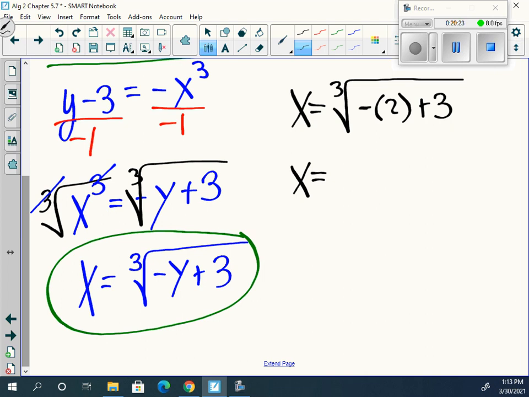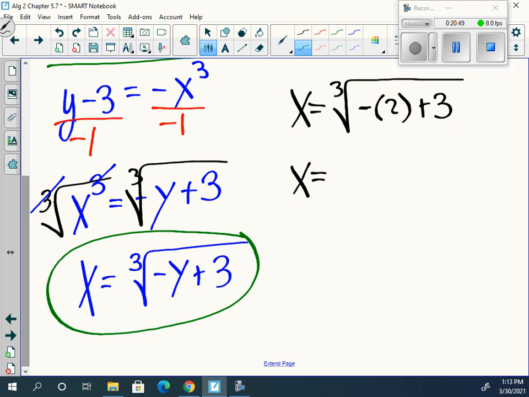So you can just type in the cubed root of -2 plus 3 into the calculator. And most of these here, it might be easier to type them into the calculator. Some of them might be easier, or if you find it easier to do it by hand, do it by hand.